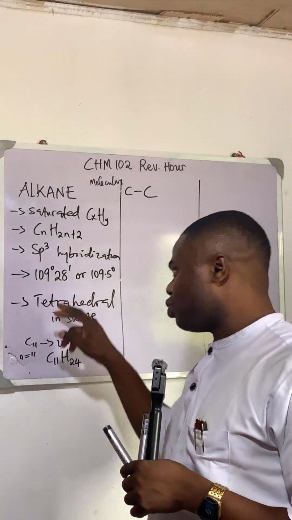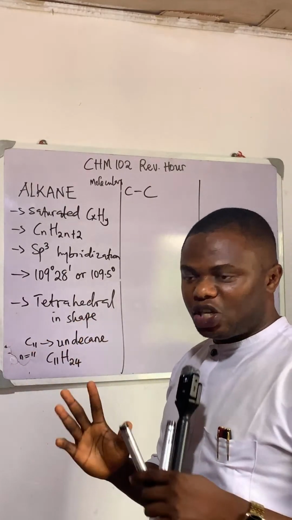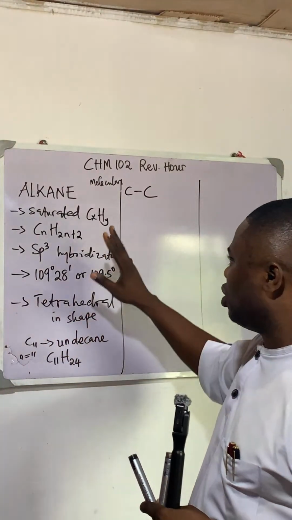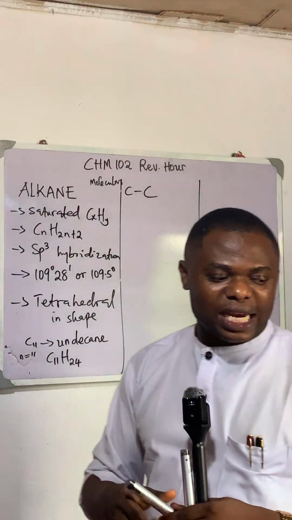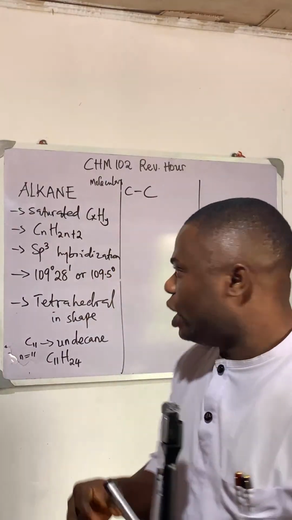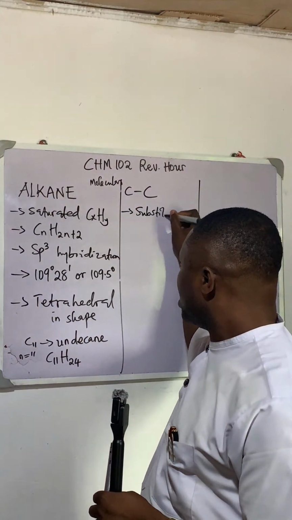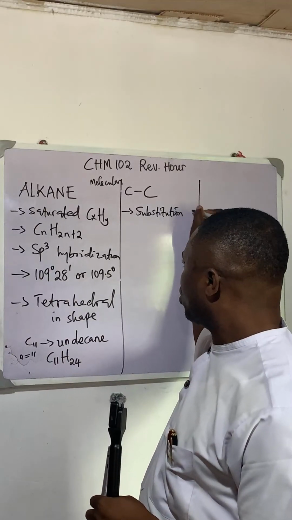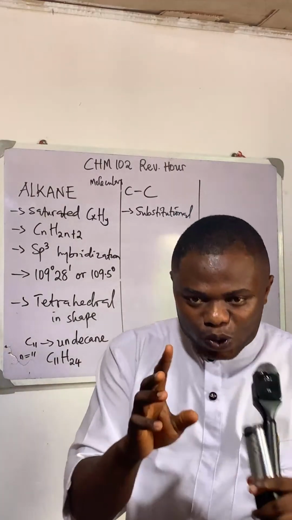And that bond angle is what makes it a tetrahedron, which is their geometric shape. I'm still coming. Please just pay attention. And don't forget that the most peculiar reaction that alkanes undergo is substitution reaction. That is one of the basic things to know.